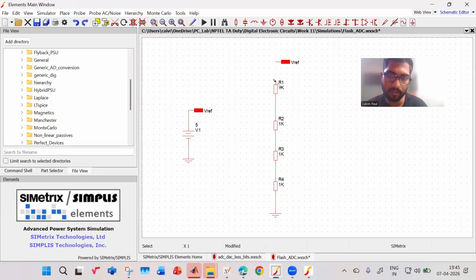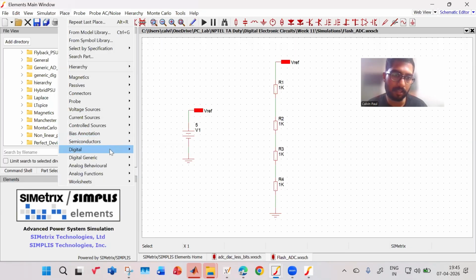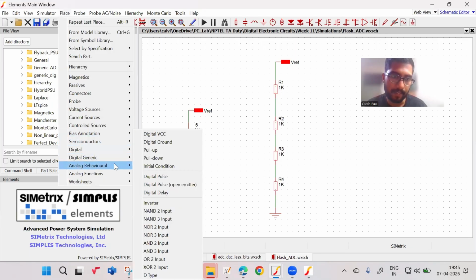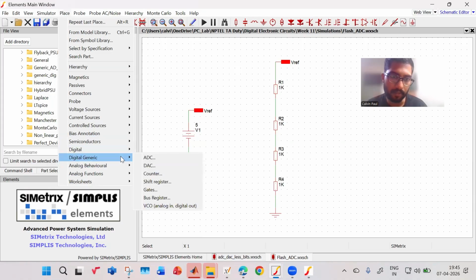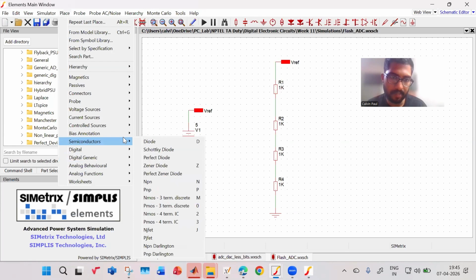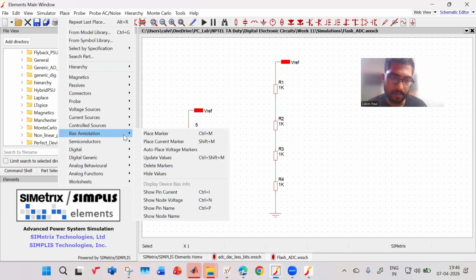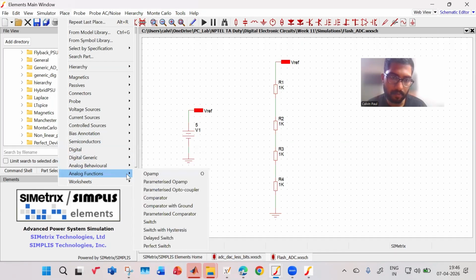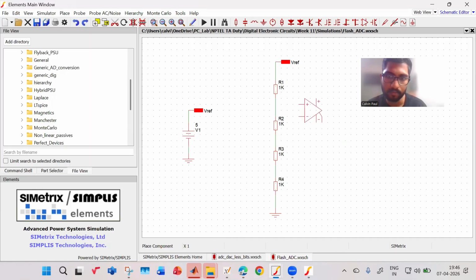Here. Here. Here. Okay. Now I need a comparator. Place digital, analog behavior, comparator. Okay, comparator with ground.